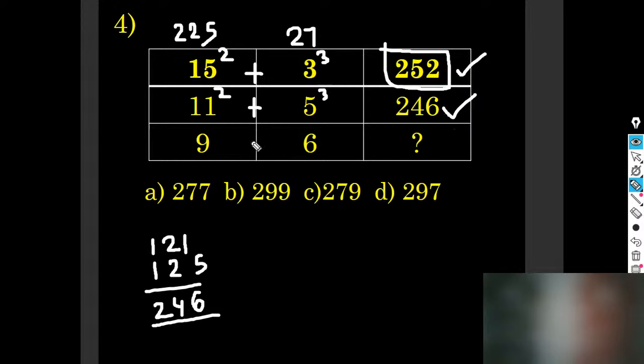So in the same way, we should check for the third row also. Third row. We have 9, 6 and question mark. 297. Okay, let us check. 9 square plus 6 cube.